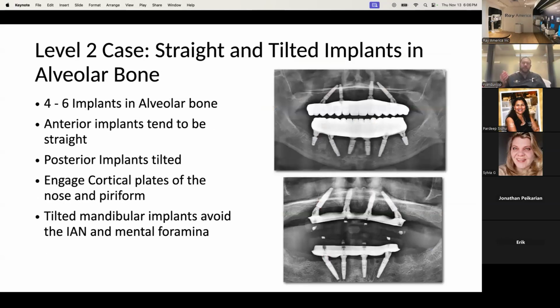So the next level up is what our tilted implants help us with. These cases are a little bit more complex because you have to tilt implants away from vital structures like sinus, nasal floor, nerves and blood vessels.